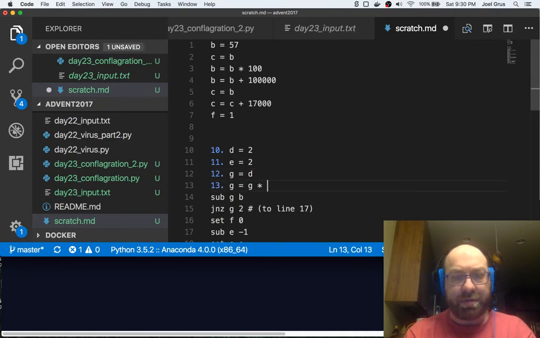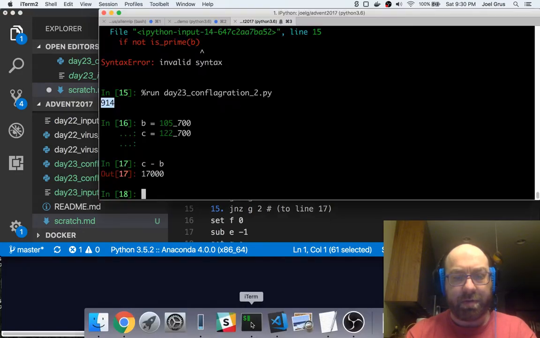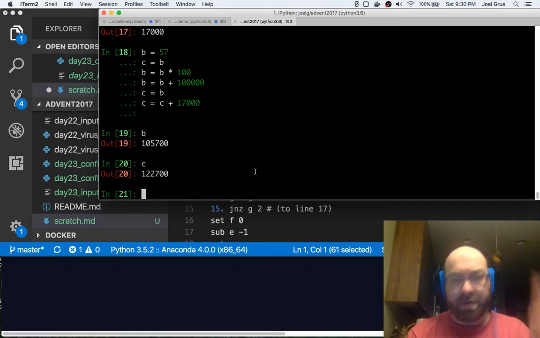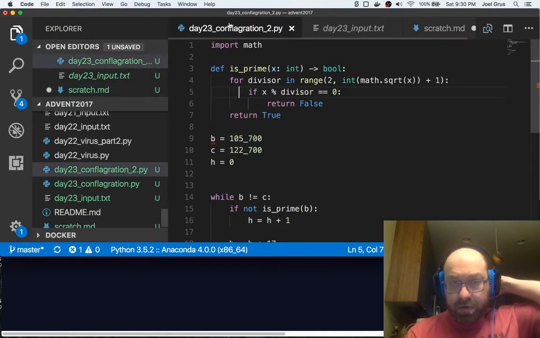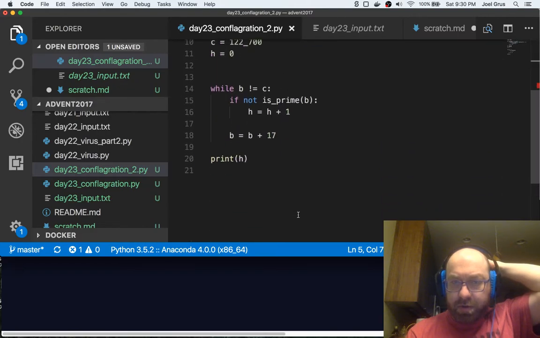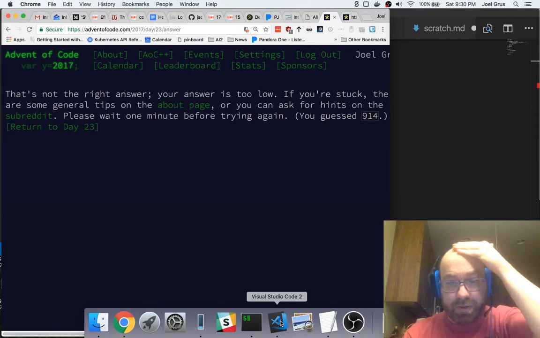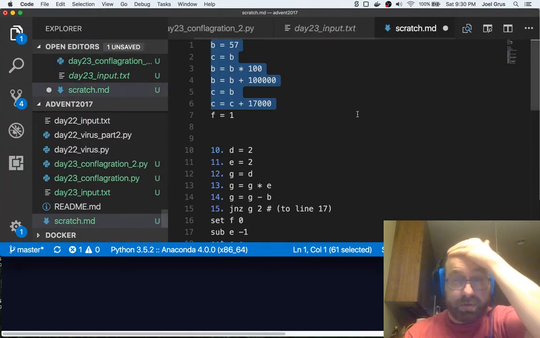G equals G times E. 14, G equals G minus B. 15. And let me just make sure that I got these bounds correct, because maybe I screwed that part up. That'd be the easy part to screw up. B, 105,700, 122,700. 105,700, 122,700. So that part is right.